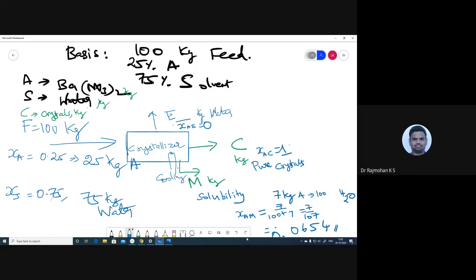Let me say some 1% is lost along with vapor. Then we have to consider that 1%, 0.01, as a mole fraction. Right now in this numerical, it is not mentioned that the vapor leaving will contain any solute. Therefore, it is 0. Similarly, here the solvent present in the crystal will be 0 because the crystals formed are pure. Okay, that is in the principle of crystallization itself.